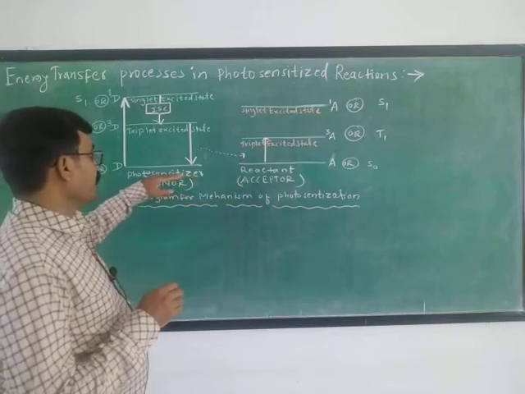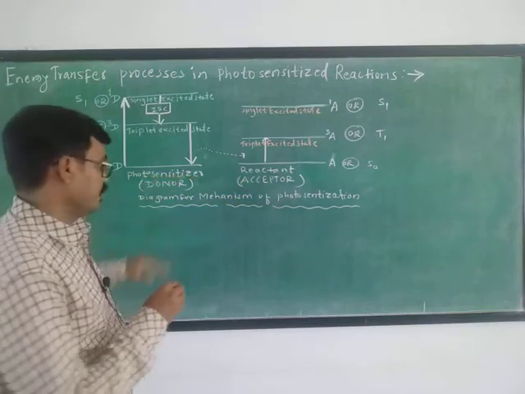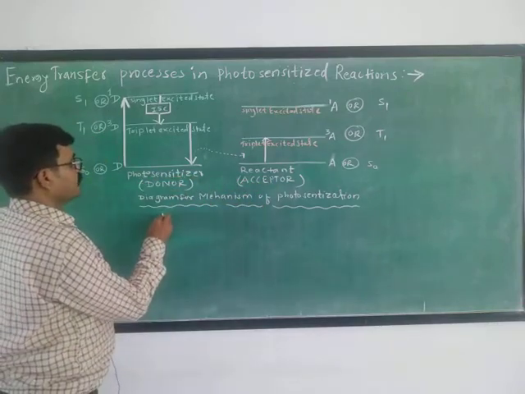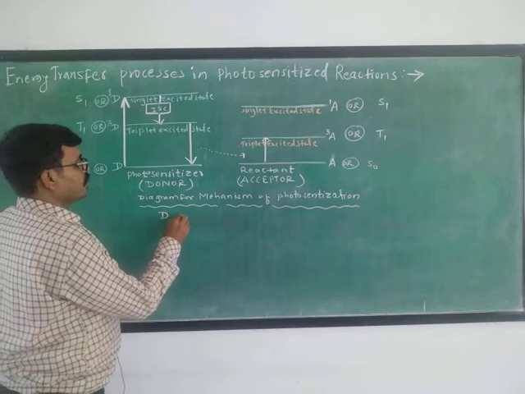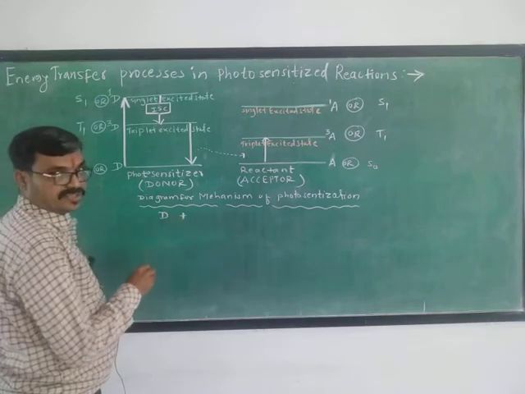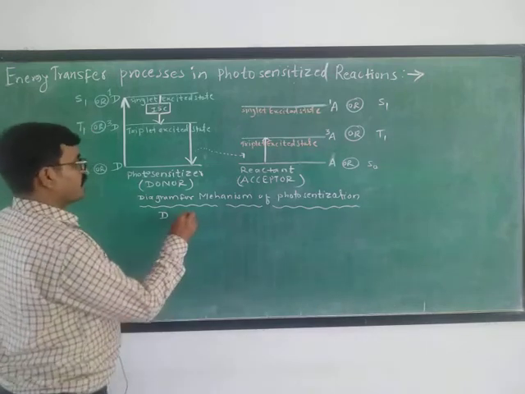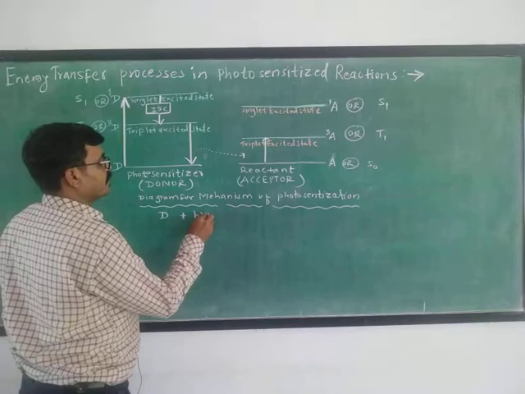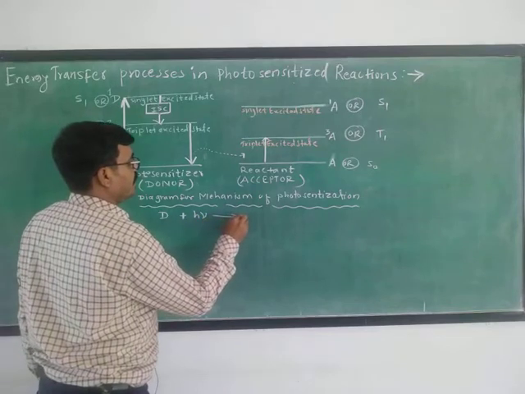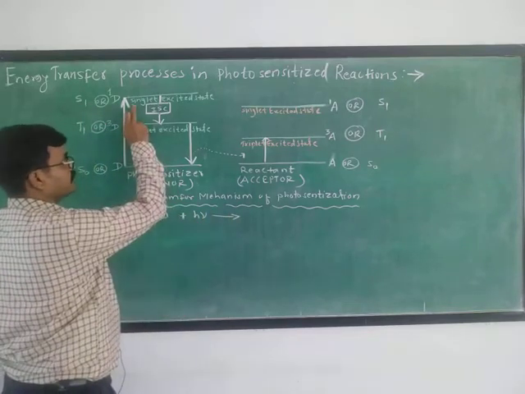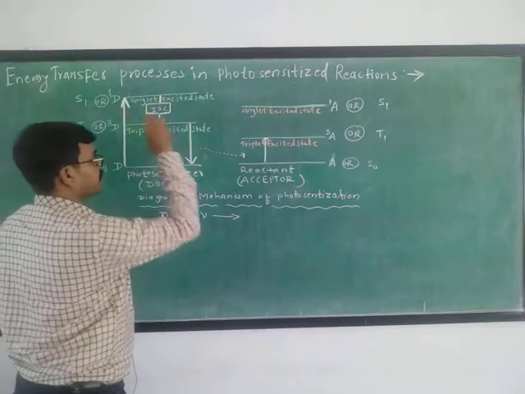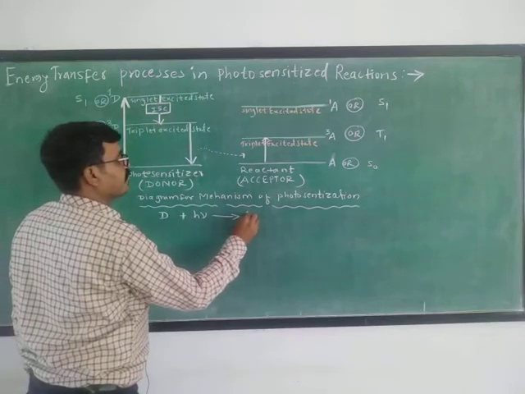These incident photons are absorbed by the donor, D. This donor D in the ground state absorbs the incident photon, that is h nu, and goes to its singlet excited state, that is D1.